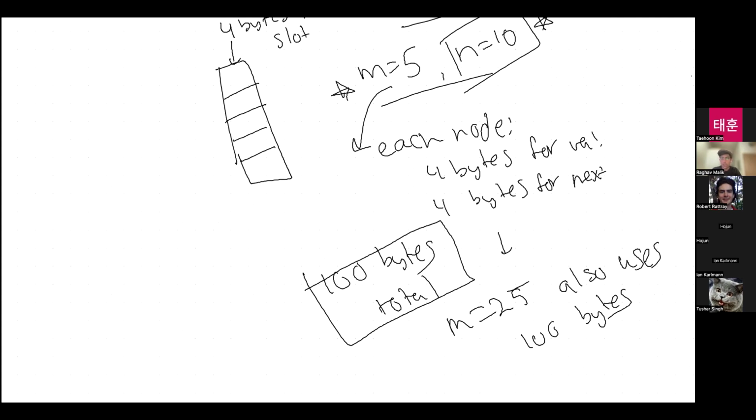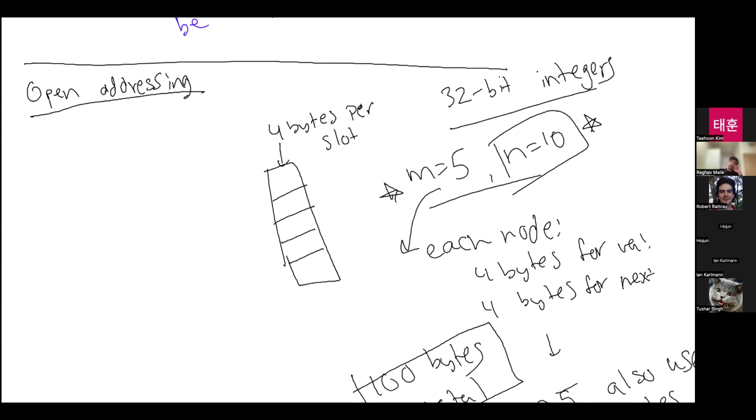So chaining is great because it means that you don't really have to think very hard about what you do when you insert or delete or look up, right? Because you just kind of ship those operations off to the linked list. The problem is that linked lists are very space inefficient because every linked list node comes with a next pointer. And so the amount of space that you're using for a linked list is like half of it is just pointers to the next node in the linked list, right?